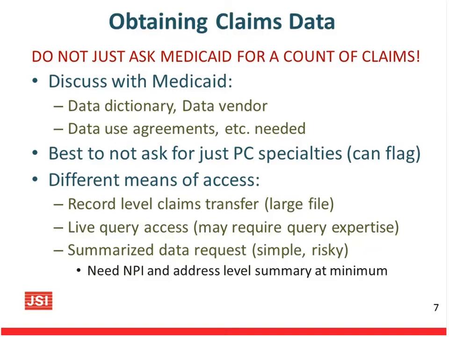A second way, which I think is actually quite useful, is live query access, where they can essentially open up a query window, where you get a login and you can only access the fields that they've allowed you to access, but you can do it in whatever way you want. So you can go in and run your primary care claim separately.